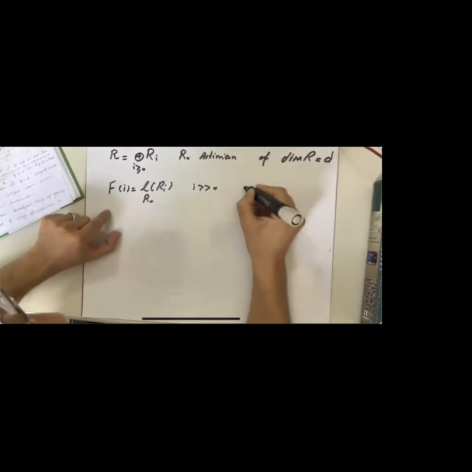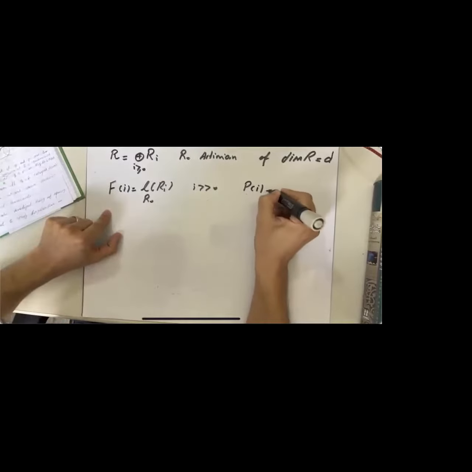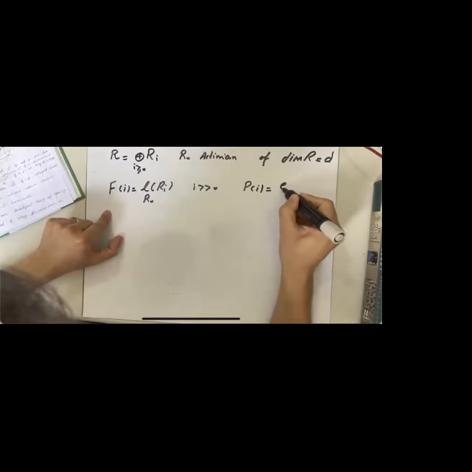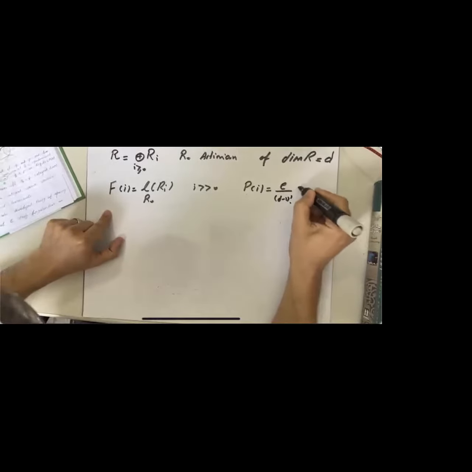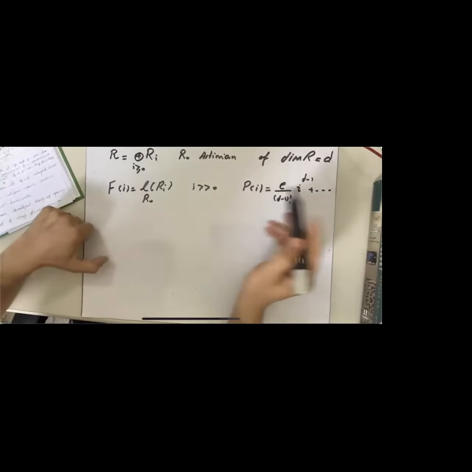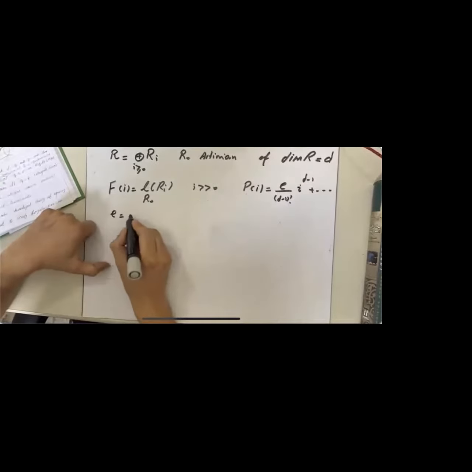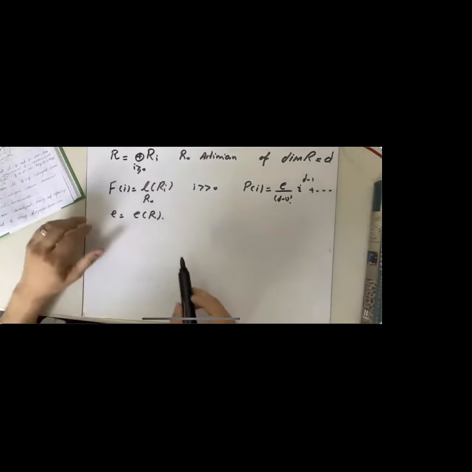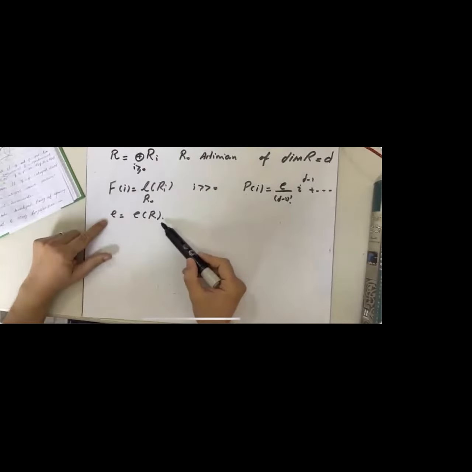The polynomial is of the form e over (d minus 1) factorial, i to the d minus 1, plus blah, blah, blah. And this number e here is called the multiplicity of the ring R, or the Hilbert multiplicity of the ring R. I imagine that everybody knows this definition.